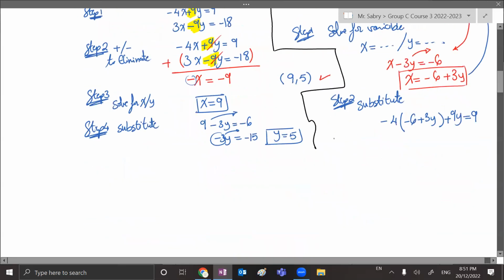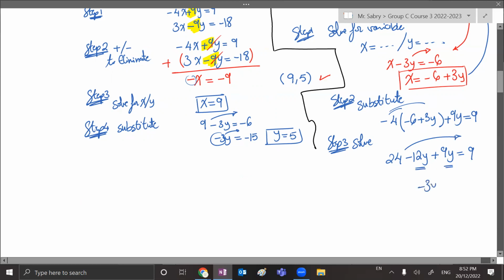Now, step number three is to solve and find the variable. Whatever you have, either the y or the x, start finding the value of this. So here I'll start by distributing. Negative 4 times negative 6, that's positive 24. Negative 4 times 3, that's negative 12y, plus 9y equals 9. 24 goes to the other side, and negative 12y with 9y will be added.